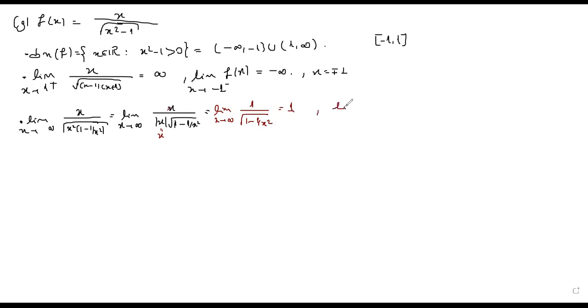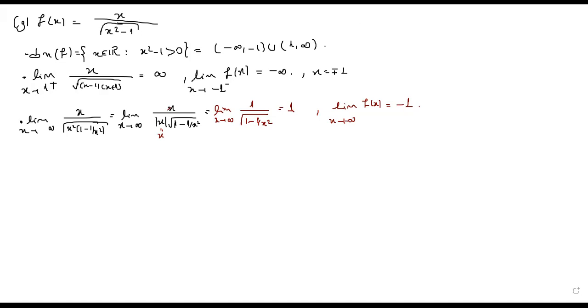And similarly, you can compute the limit when x is approaching minus infinity of f of x. You will have the same thing, but instead of x, you will have minus x. So you will have minus 1 over this one. So the limit will be minus 1. Okay. Now what do we have?